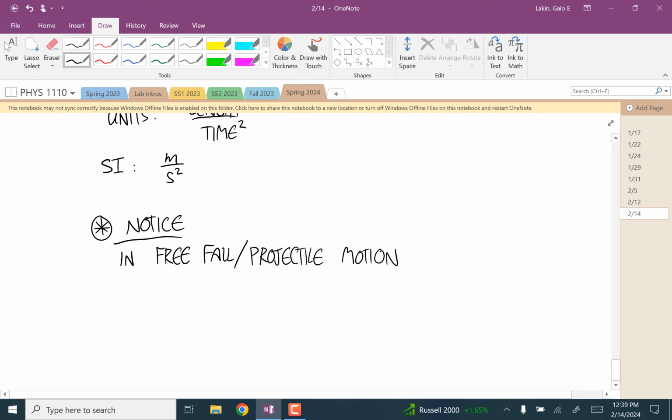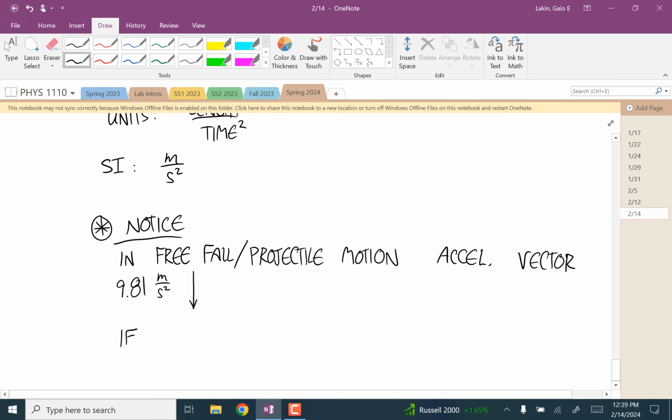Just always choose your y-axis pointing up. So in free fall and projectile motion, I'm getting ahead of myself, the acceleration vector is always 9.81 meters per second squared down. Okay?